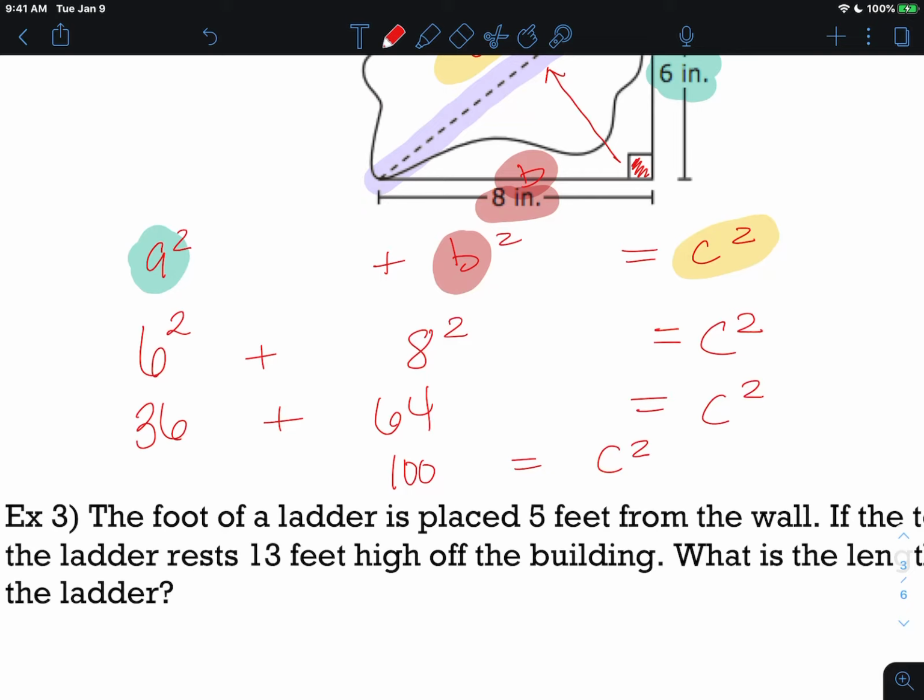And again, when I'm doing this, my last step should always be square root. So if I find out what the square root of 100 is, 10 times 10 is 100. So the square root of 100 is 10. My answer is C is 10.